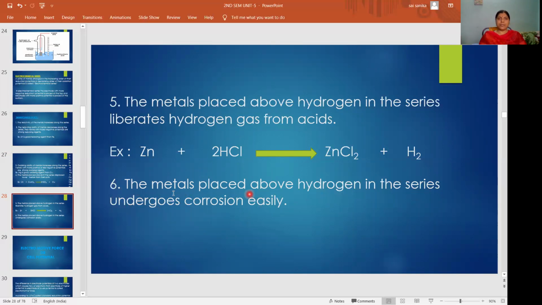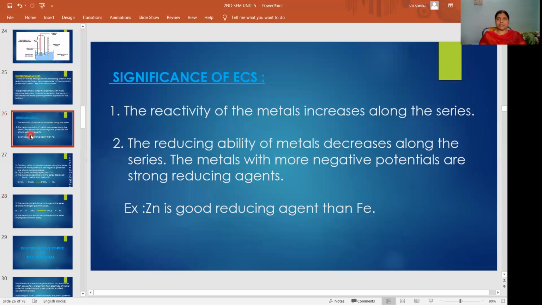So these are some of the important points of electrochemical series, or you can say the significance of electrochemical series. So what is electrochemical series? Series of metals arranged in the increasing order of reduction potentials or decreasing order of oxidation potentials is called electrochemical series.